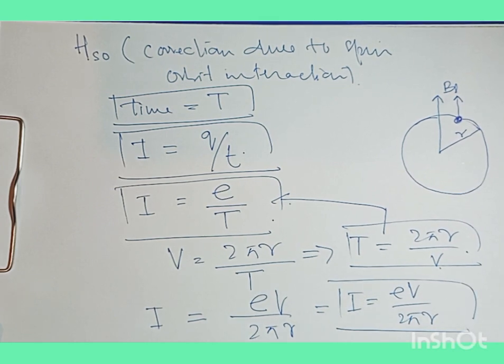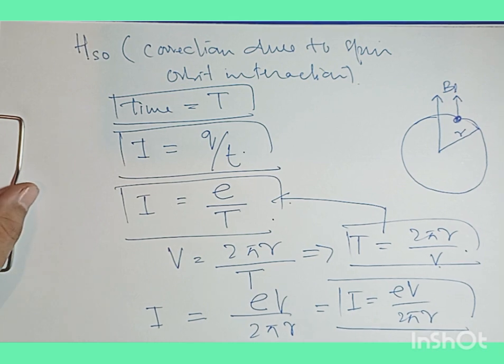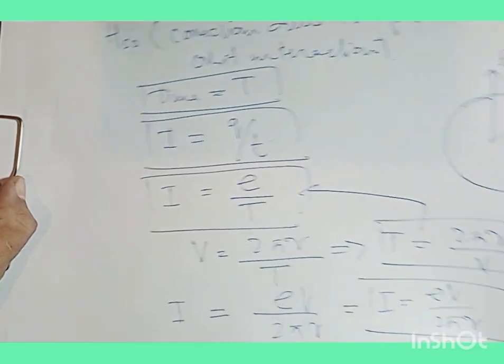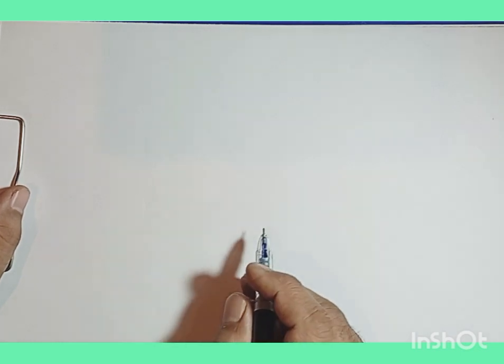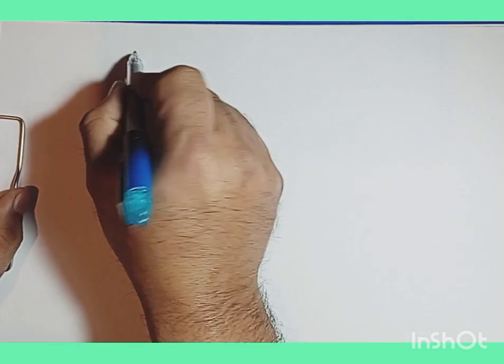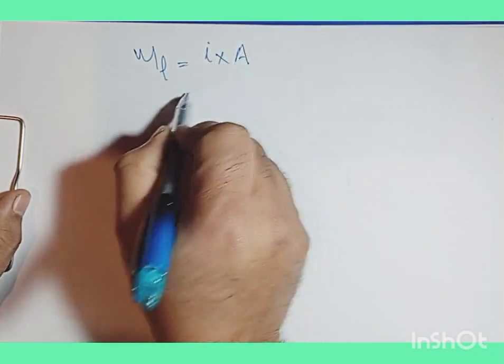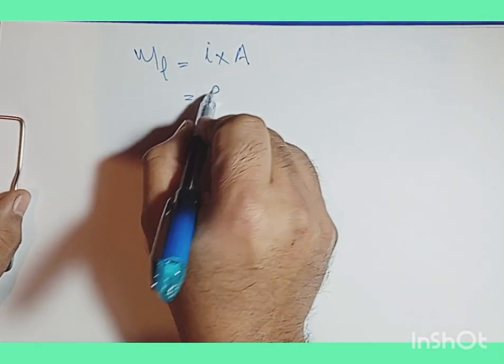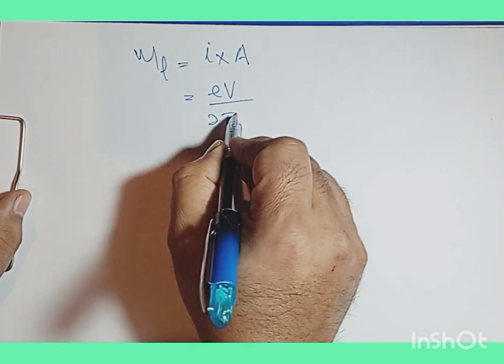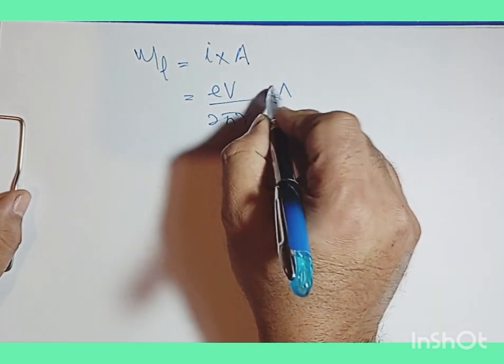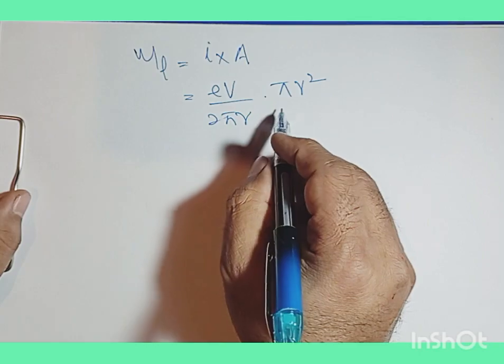Now, from the definition of magnetic moment, how do we define magnetic moment? We define it in terms of the product of current and area. So this is my mu L, and this mu L is current into area. Current we have calculated, that is e v by 2 pi r, times the area of this loop, which is pi r square.